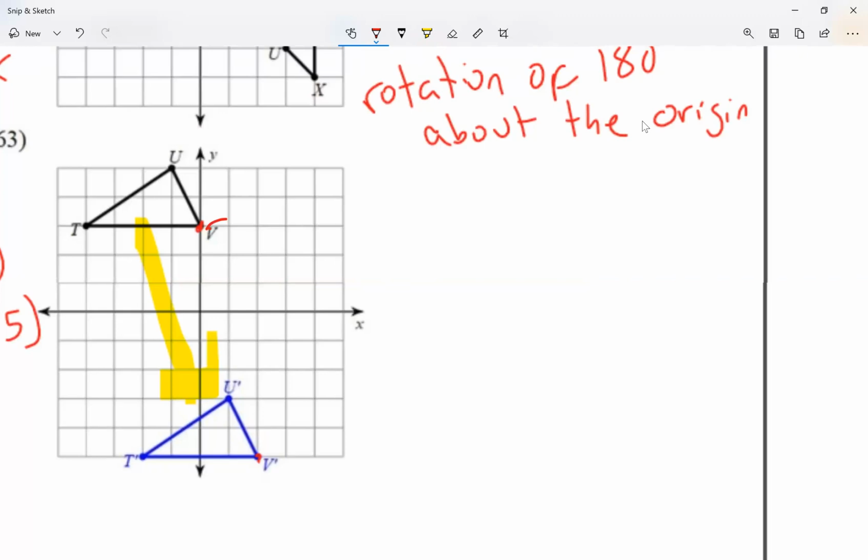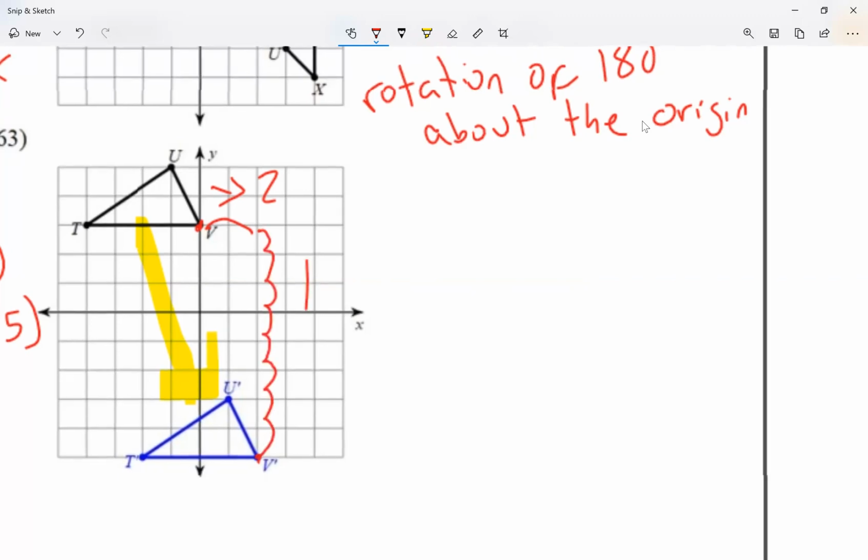It seems like I go 2 to the right and then I go down 1, 2, 3, 4, 5, 6, 7, 8. So it seems like I go 2 to the right and 8 down. I wonder if that happens with all the points. Let me follow T. I go 2 to the right, 8 down. So yeah, if I look at U, it happens the same. So I want to call this translation.